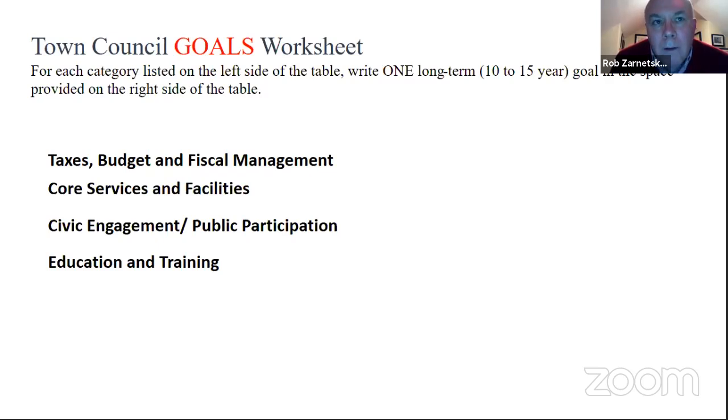What do we want civic engagement to be like in South Kingstown? This has actually been something I've spent a lot of time thinking about in the last several months. I'm worried about the state of civic engagement in the country. I'm worried about the state of civic engagement locally.